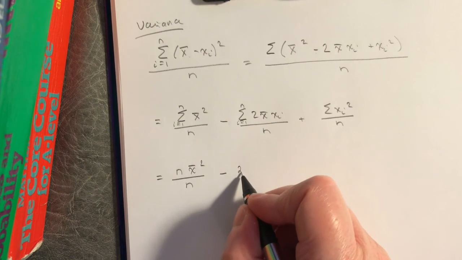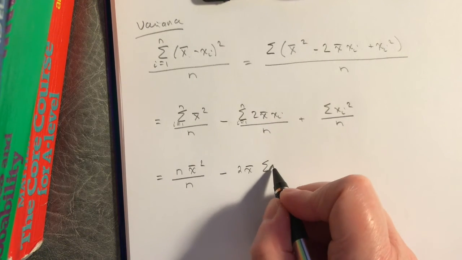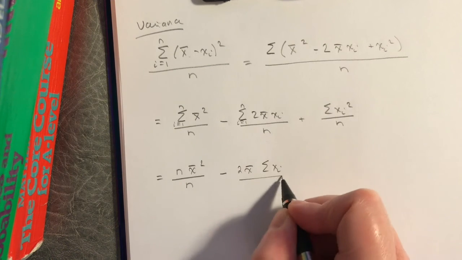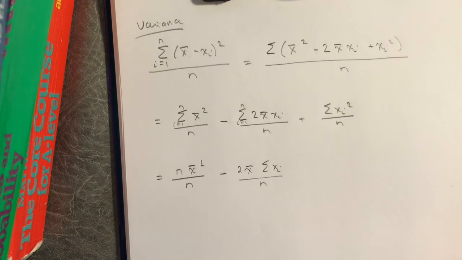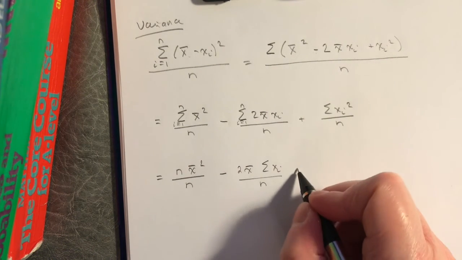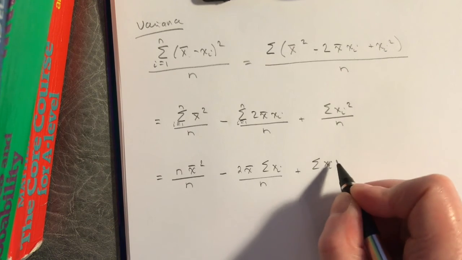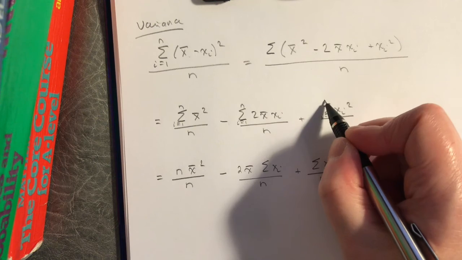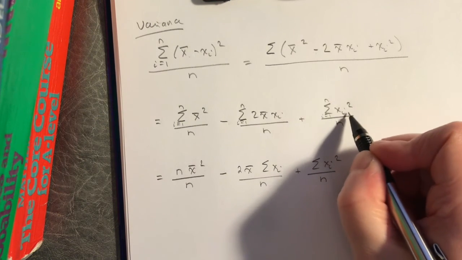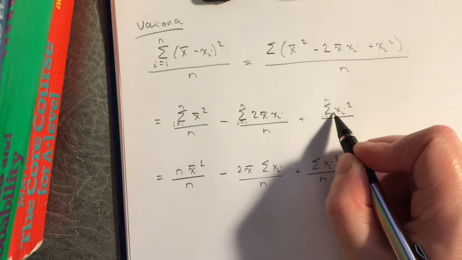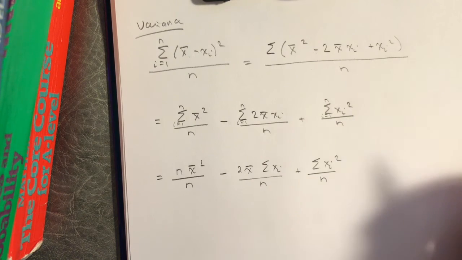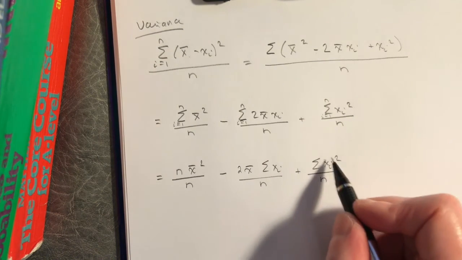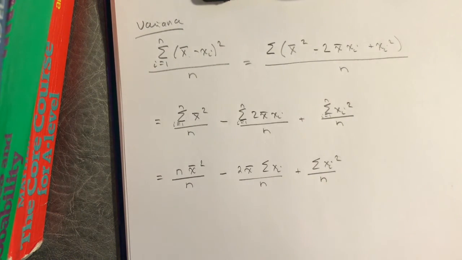I could factorize it out and say this. And this last piece I really can't do anything with because my index goes from i equals 1 to n, and every time that i increments, that piece changes. So there's no further way to simplify that piece, so it just stays as it is.